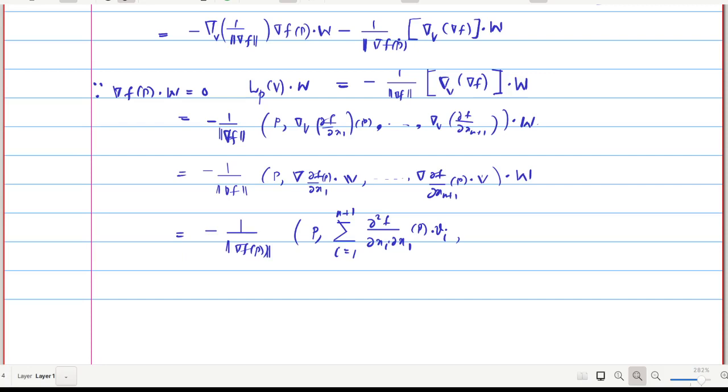So for the first quantity we write the dot product of the vectors. The first vector, at the point p, is dou square f by dou x1 dou x1, dou square f by dou x2 dou x1.